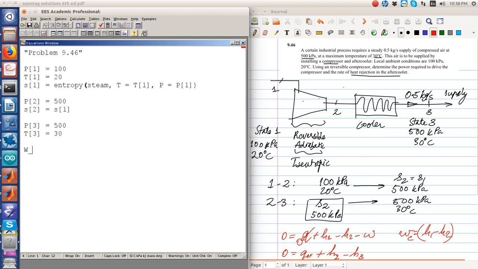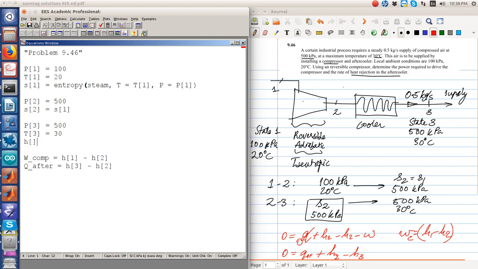Okay, so W compressor is equal to H1 minus H2, Q aftercooler equal to H3 minus H2.